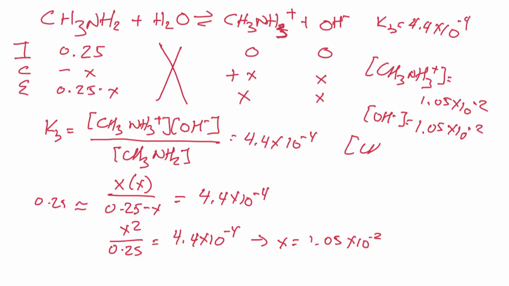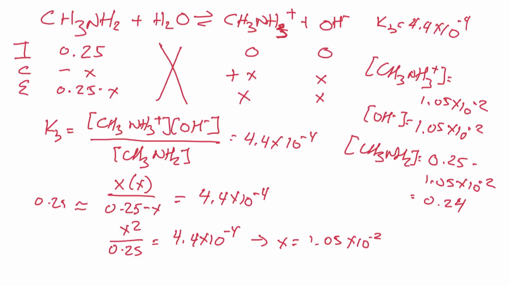To get the amount of methylamine, I subtract that number from the initial quantity: 0.25 minus 1.05 times 10 to the negative 2 gives about 0.24. So it's very close to the original value of 0.25.